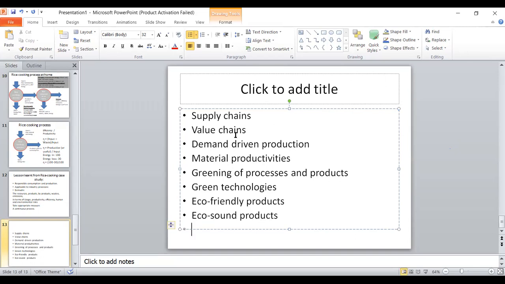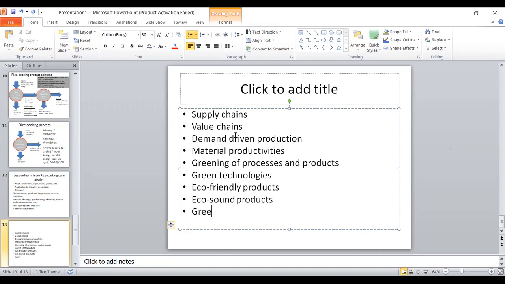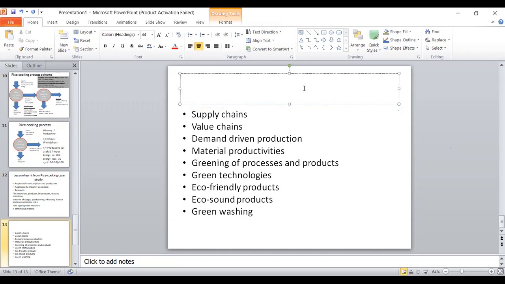This knowledge we have to gain. And about greenwashing. So these are in the syllabus, and we will be looking into this in the coming sessions.